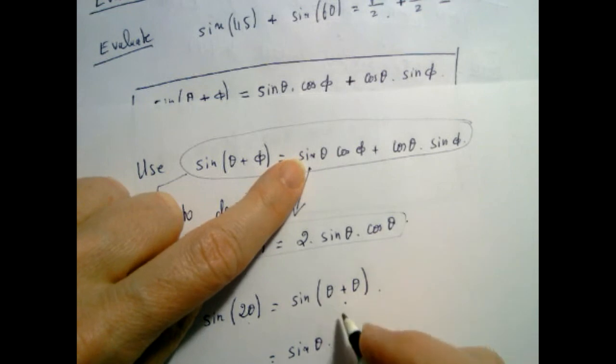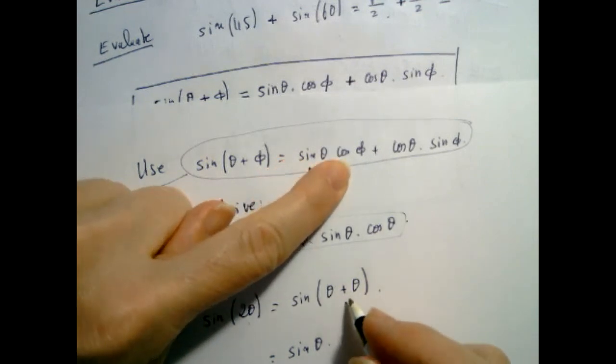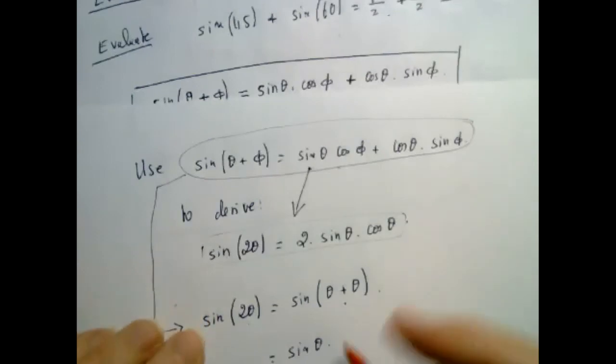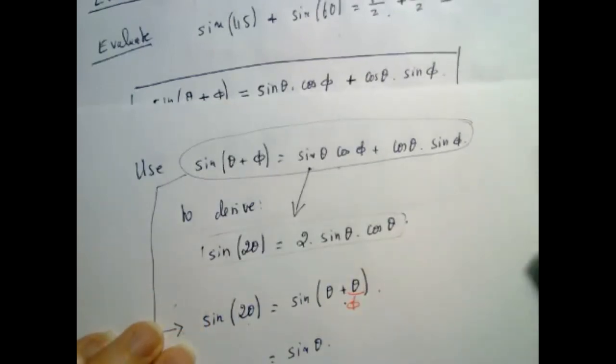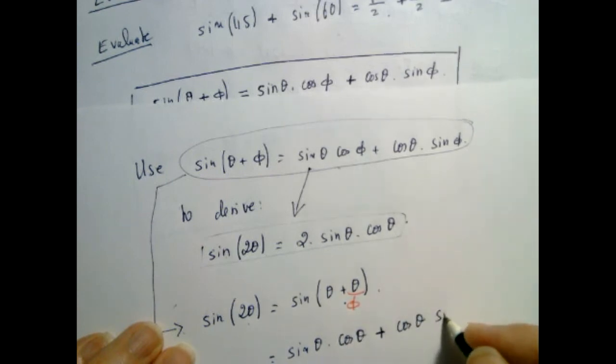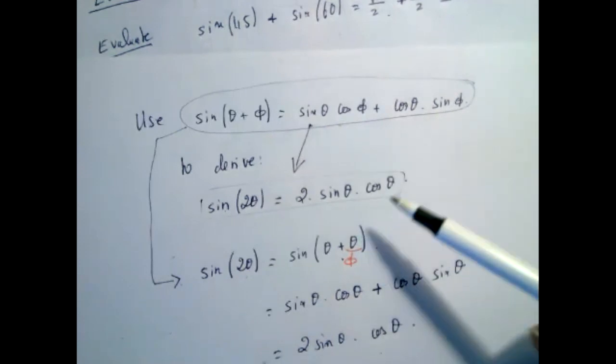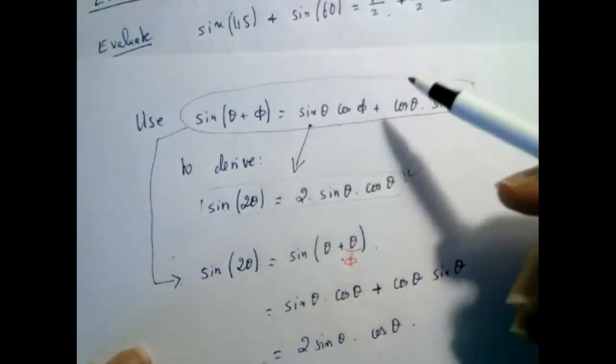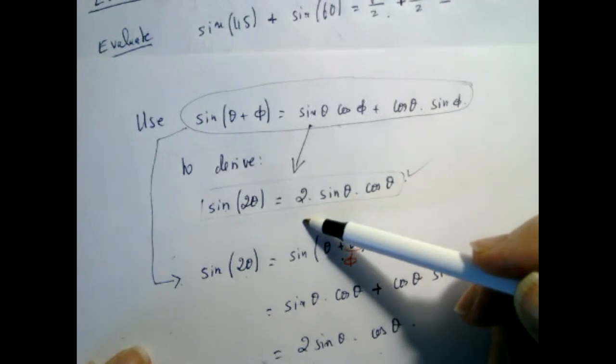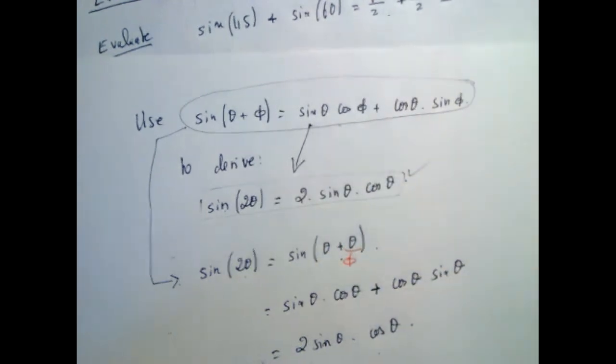That's sine theta, so this is playing the role of phi, what I did a minute before, cosine theta, plus cosine theta sine theta. Now I combine them to 2 sine theta cosine theta. So I use this property to derive this one. I'm deriving the double angle formula from the sum formula.